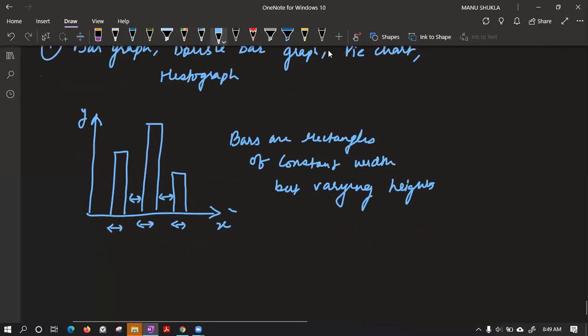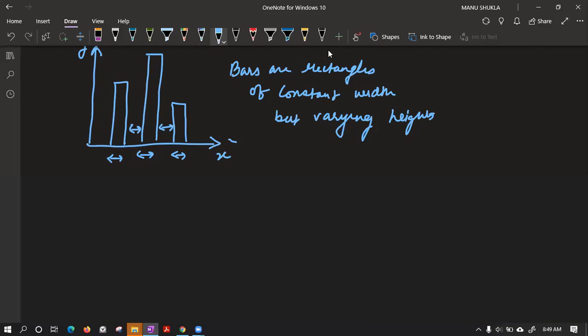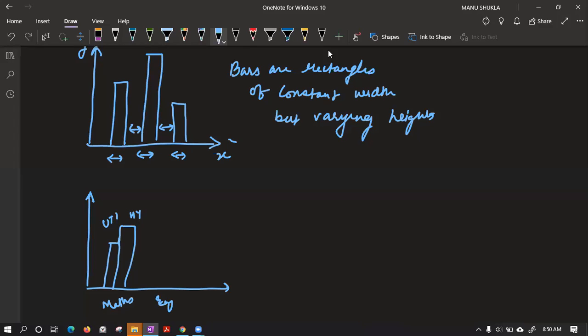Now second, we have seen the double bar graph also in that chapter, in which we were comparing two quantities at once. Suppose you are seeing your marks in maths in UT1 and half yearly, and in English you are comparing in a similar way UT1 and half yearly.